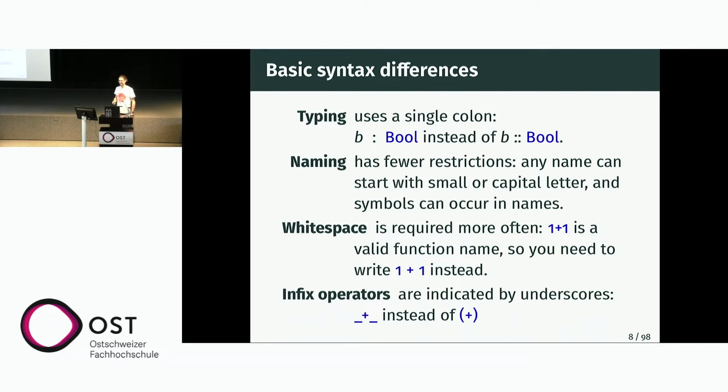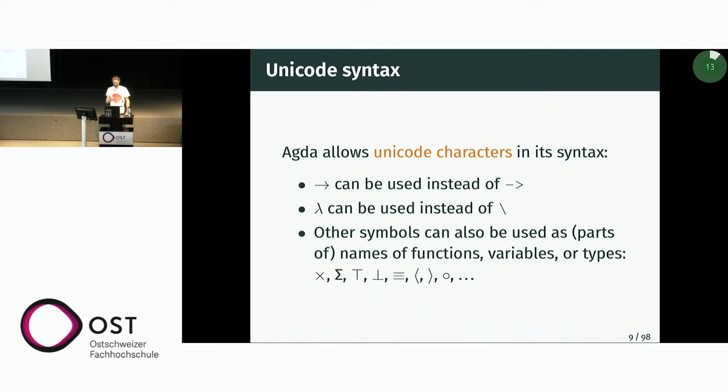Then something else that's not really a difference between the languages, because Haskell also allows Unicode syntax, but in Agda it tends to get used more often. In particular, you can use the Unicode arrow instead of dash greater than, and you can use the actual Unicode lambda instead of a backslash.